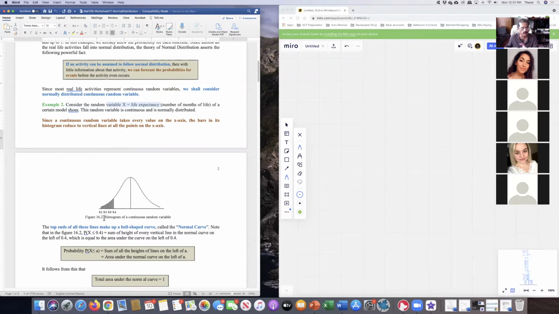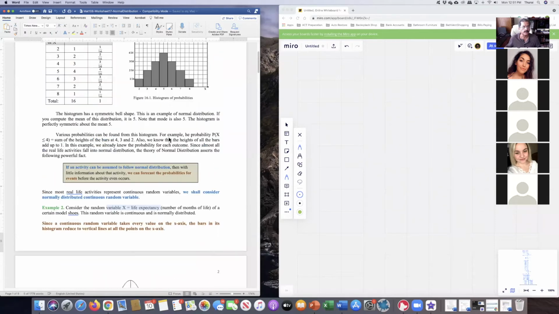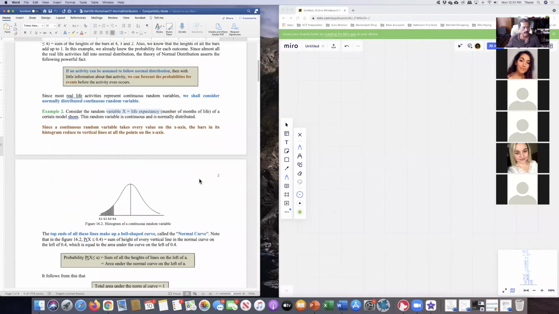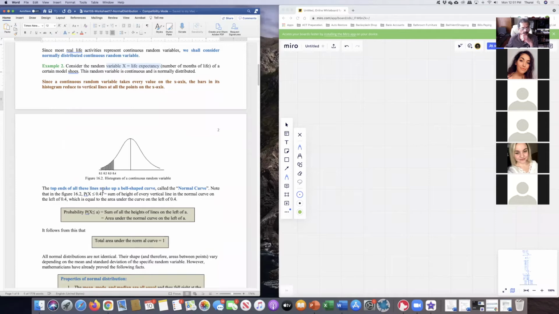So you have to account for all of those. You have these narrow lines representing the bars. Instead of these thick bars, I have vertical lines representing the height of the bar. The probability is equal to the height of the bar at each point. But all the points on this line are going to have a vertical line going from them, because it's a continuous random variable. Every little value there will be a value of the random variable.